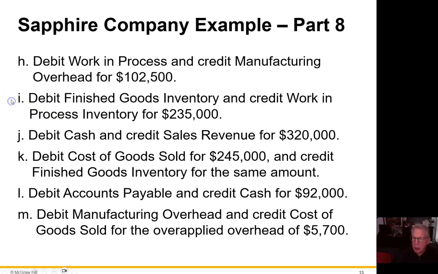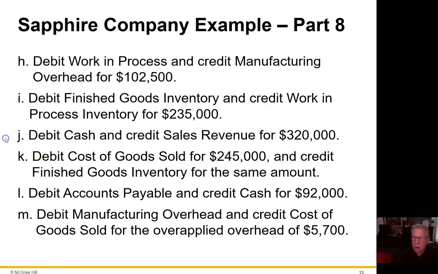Then for India, we're going to debit finished goods inventory and credit work in process inventory for $235,000. All right, that's our cost of goods manufactured. That's what we actually transferred into finished goods.